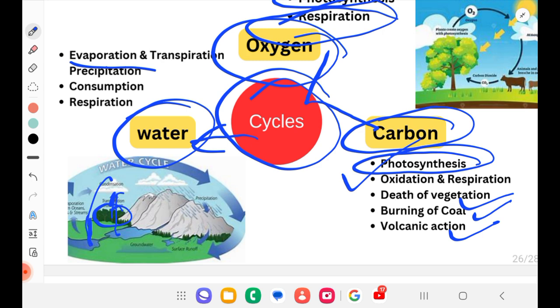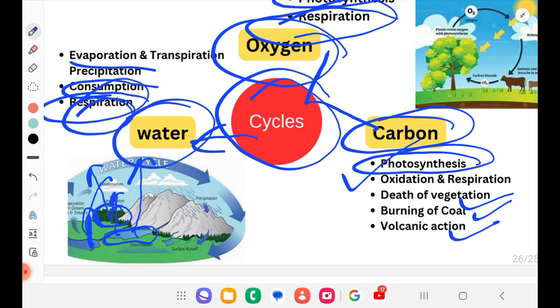This is the difference between transpiration and evaporation. If it is directly from the water bodies, it is evaporation. If it is from a plant, it is transpiration. So through this, it will come to atmosphere. Then respiration will consume, right? Or even respiration will release. Consumption will consume it, okay? This is the cycle of these three gases.